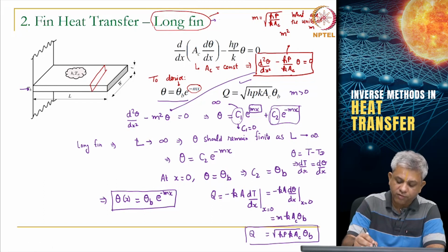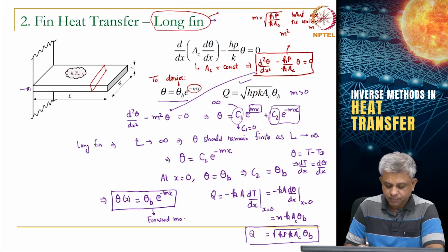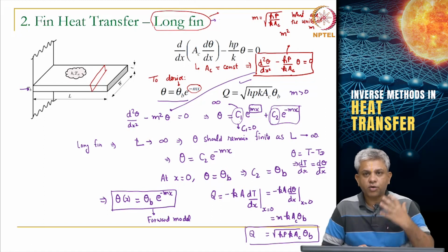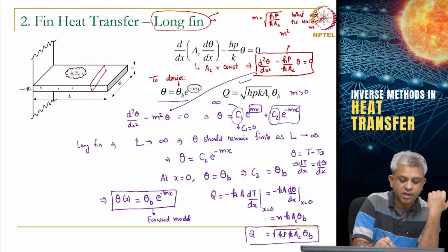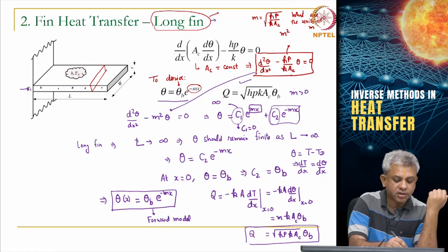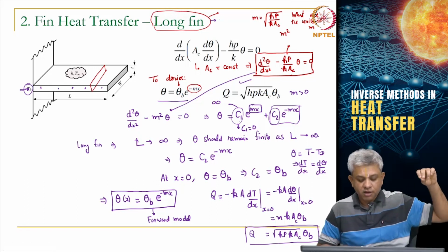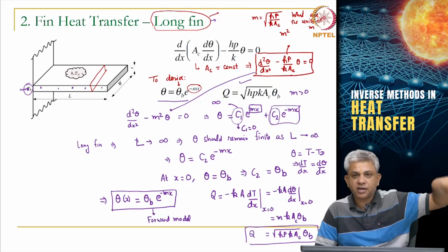Once again, for the long fin, this then becomes the forward model. Just to connect this with the inverse problem, suppose I put a whole bunch of thermocouples here and I ask you to find out what T_b is. You can guess a T_b, put it in this forward model, find out how well it matches, and start iterating.